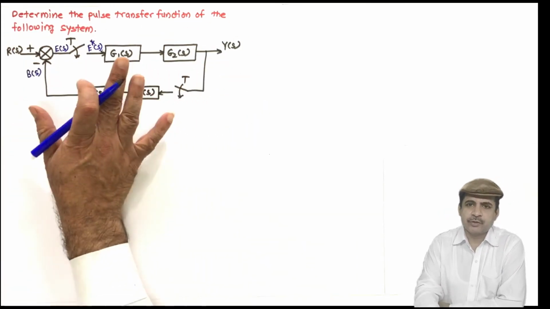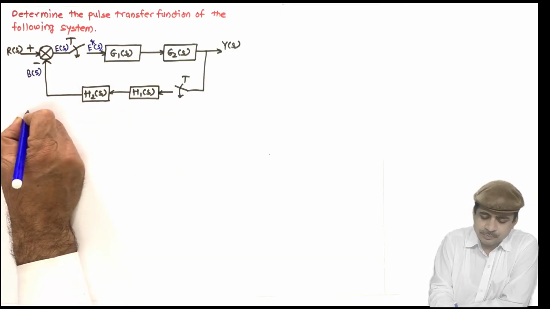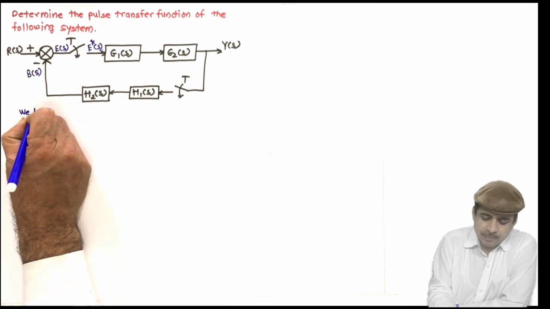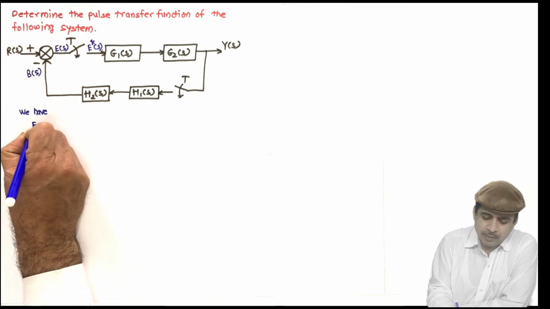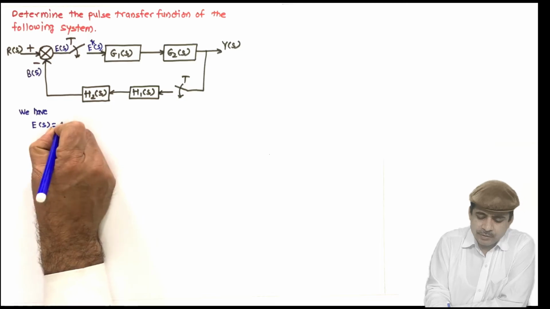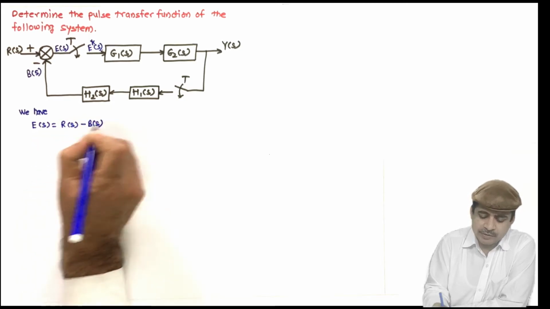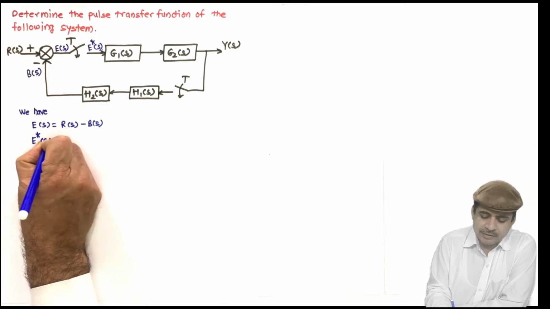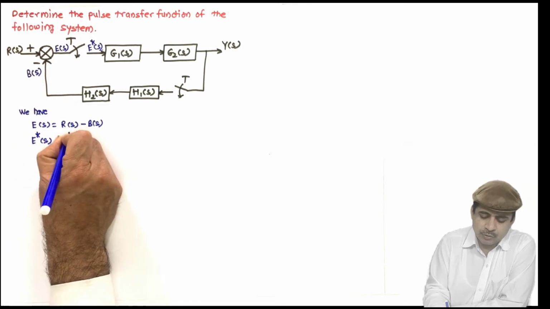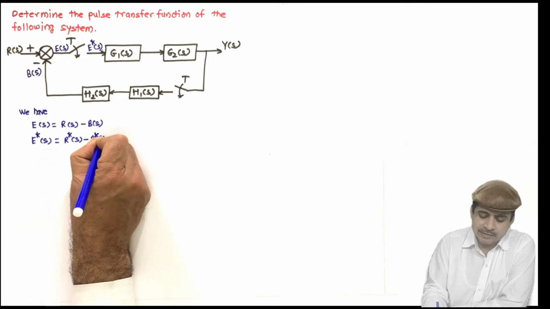In any case, whenever you have a closed loop system, the first step will be E(s) is equal to R(s) minus B(s). Then taking star Laplace, we get E*(s) is equal to R*(s) minus B*(s).